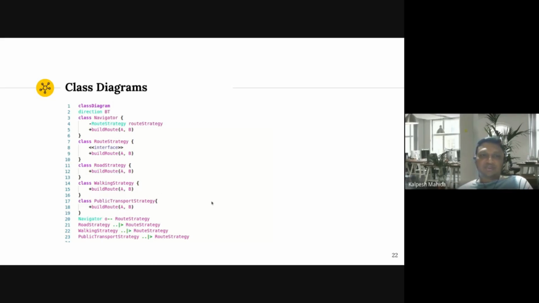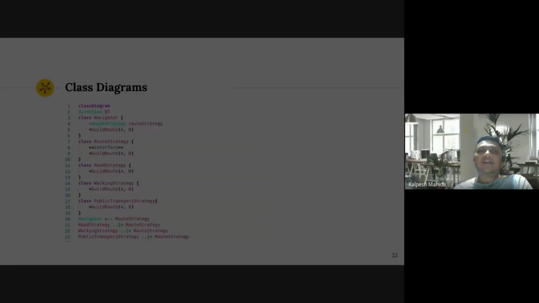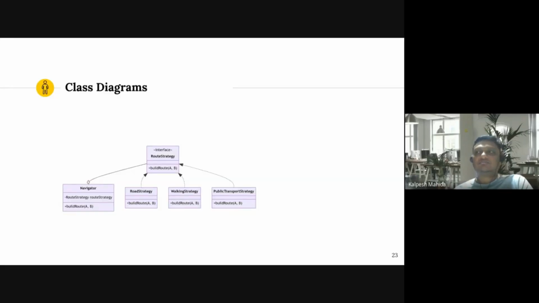For example, if we are using a strategy pattern, it would be best if we have a diagram for that, so that a new person joining the team can know what we have for deciding the route strategy.